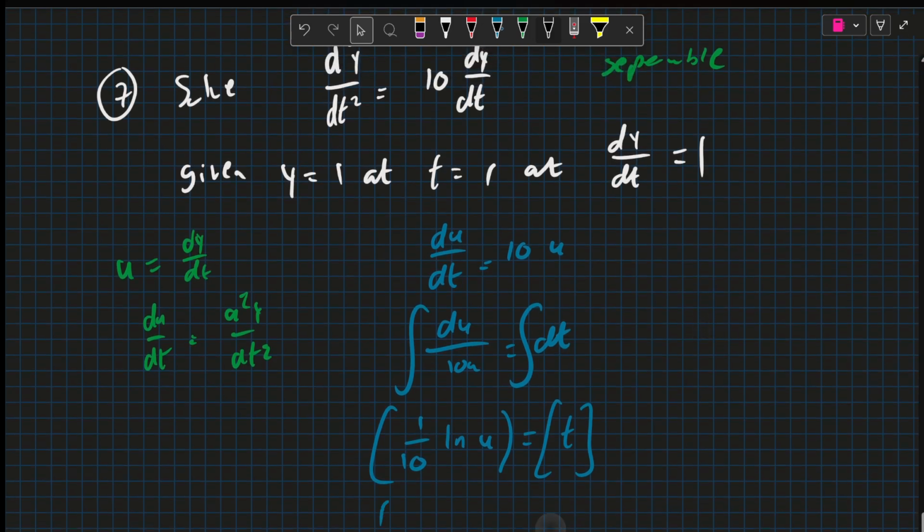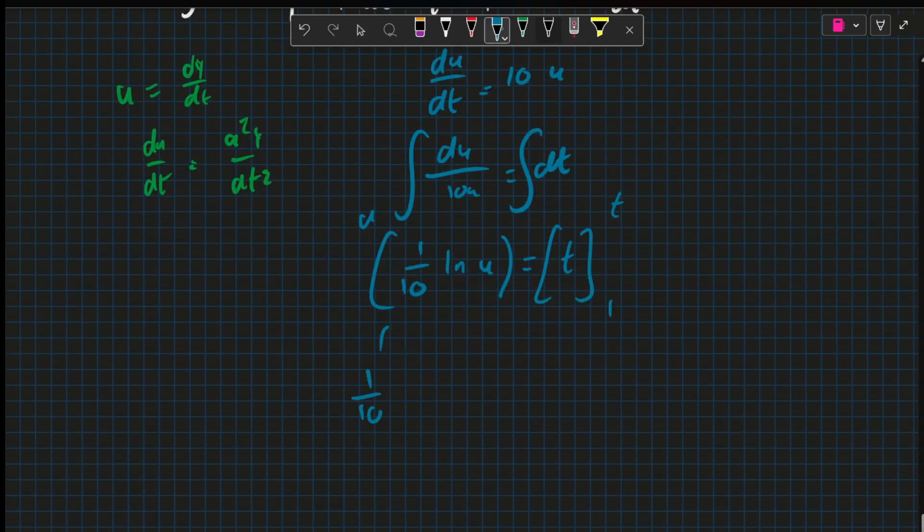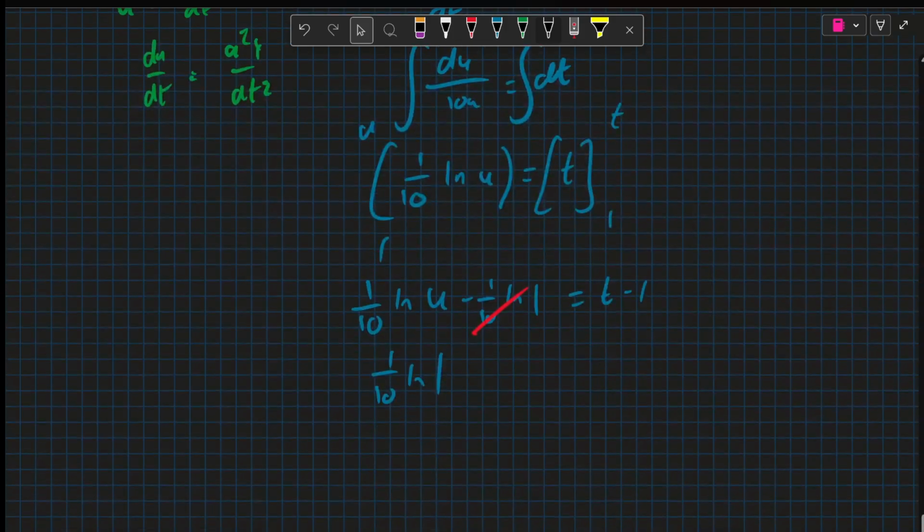So dy by dt, that's going to be 1 here. And this is going to go between u, because we're going to stick it in later, and then t is between just 1 and t. So it's going to be 1/10 natural log of u minus 1/10 natural log of 1. That's going to be 0, so we can discount that. Equals t minus 1. So it's going to be 1/10 natural log of u, which was dy by dt.